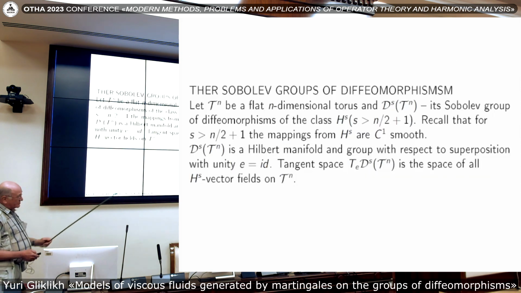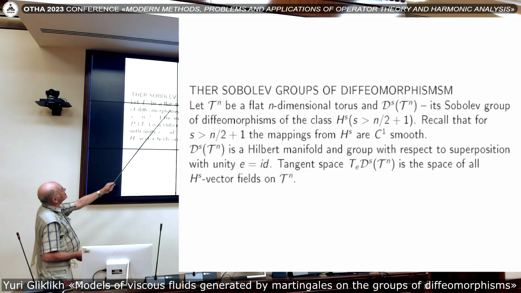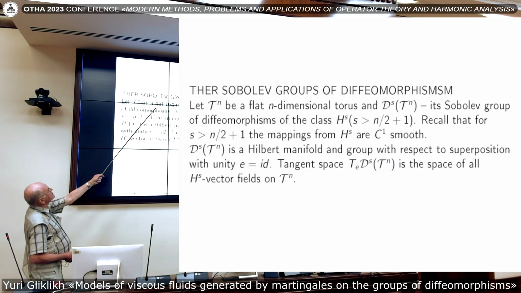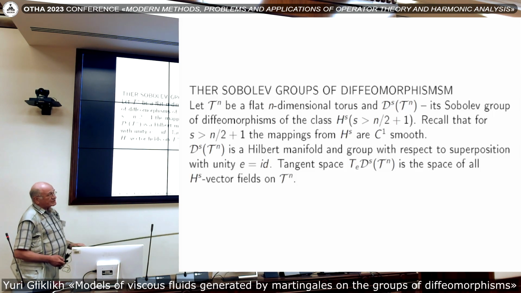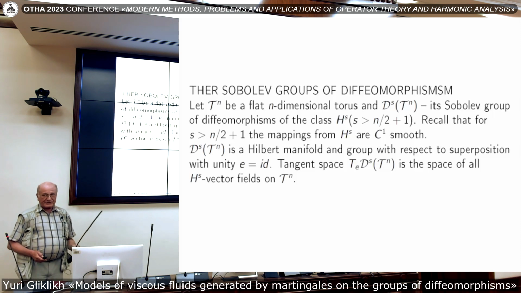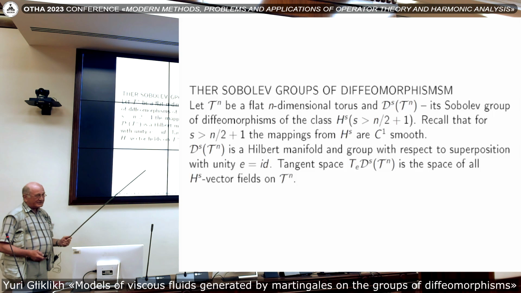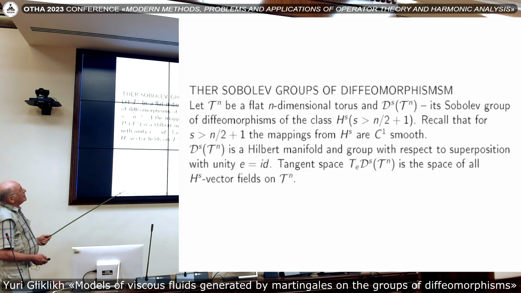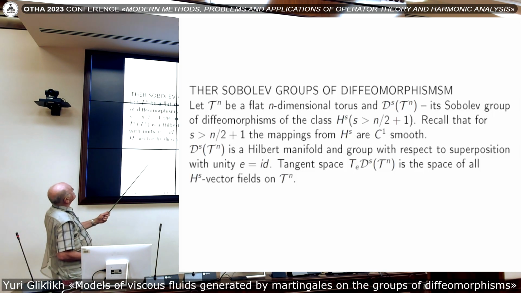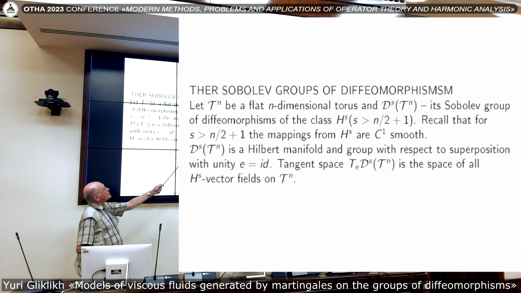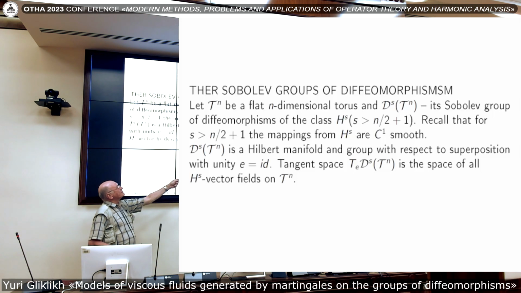Now, groups of diffeomorphisms. We consider the flat n-dimensional torus. This means that its metric is inherited from R^n before obtaining a quotient space. And we consider Sobolev diffeomorphisms of class H^s, where s is greater than n/2 plus 1.